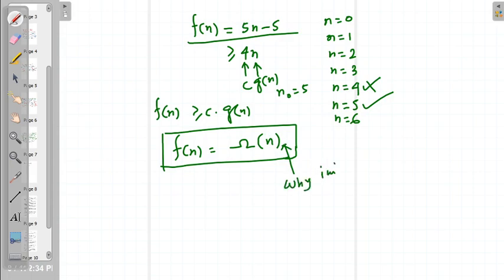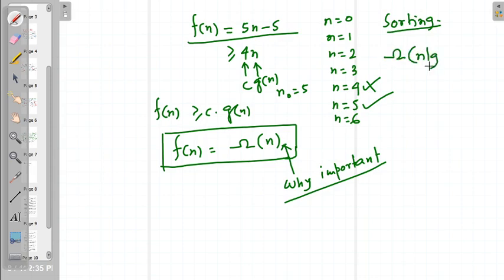Why another notation? This is convenient for computer science because say I am telling that every comparison based sorting algorithm will be taking omega n log n time.